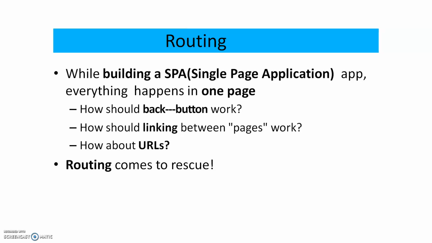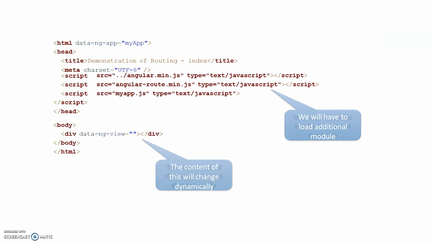For web pages also we expect a single page web application. So how can we use the back button, linking between pages, and how do URLs work? For that, going to the previous link, going to the next page, or specifying some URLs, routing is useful in AngularJS.